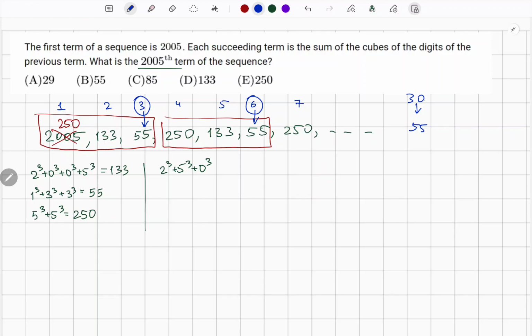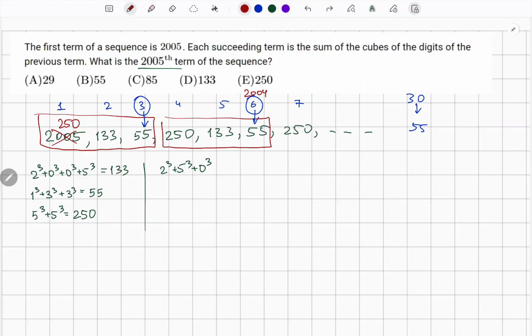Here it is. So now I'm looking for the number closest to 2005 which is divisible by 3. We have to recall the divisibility rule by 3: the sum of the digits must be divisible by 3. Of course, I understand it must be 2004. The sum of the digits is 6, so the number itself, 2004, is divisible by 3.